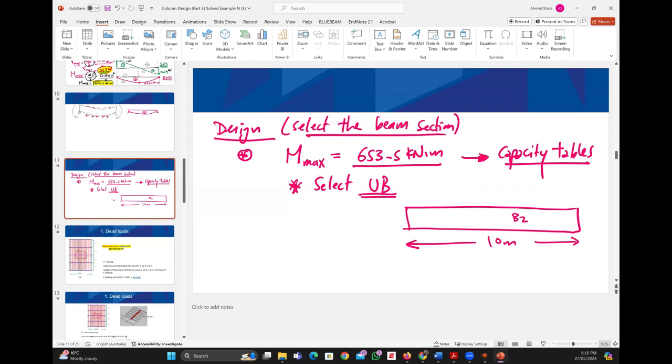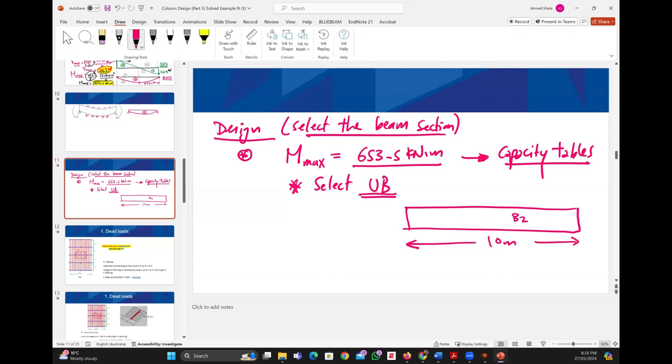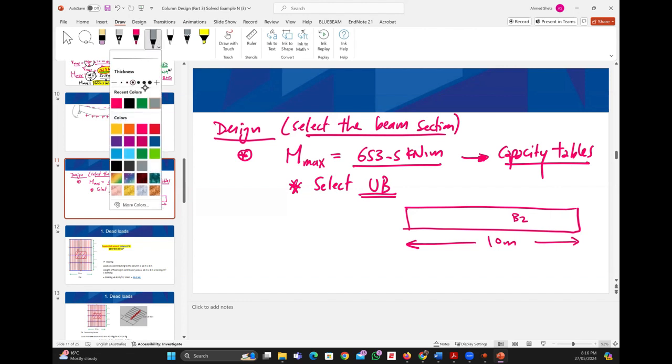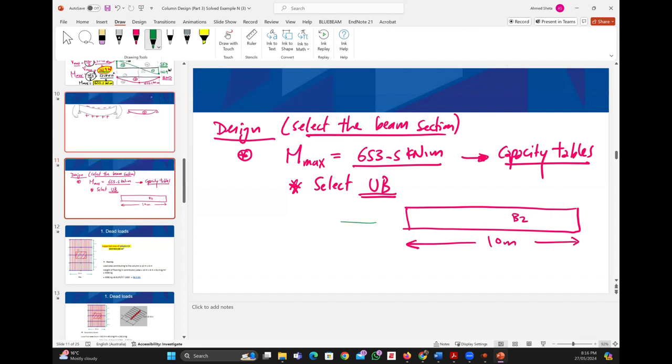Is that okay? Yeah. But if you return to the beam examples or the design of the beam, this beam is under tension here. So we should look at the unsupported length, or the lateral restraint of the beam.